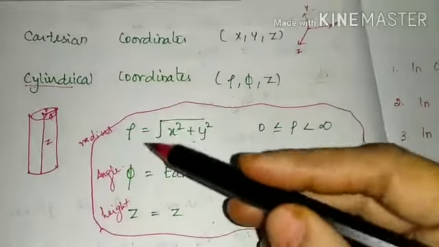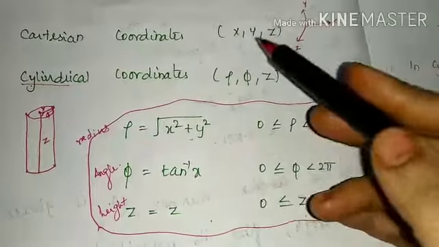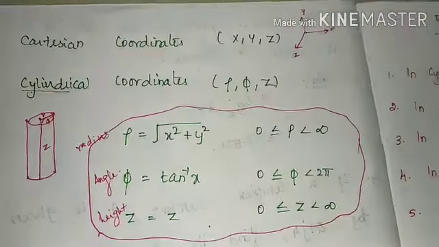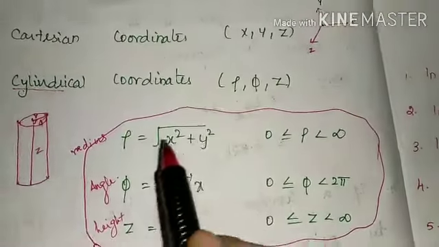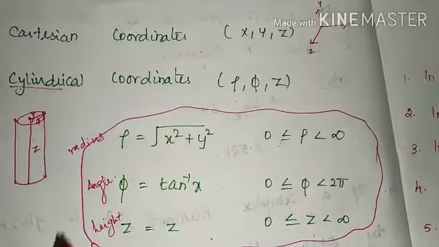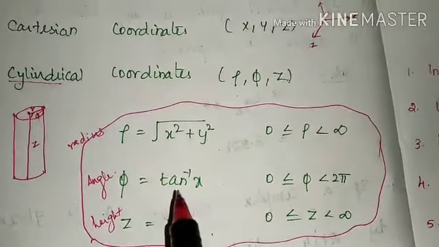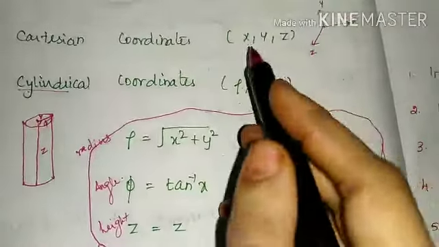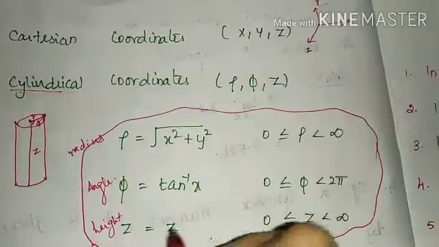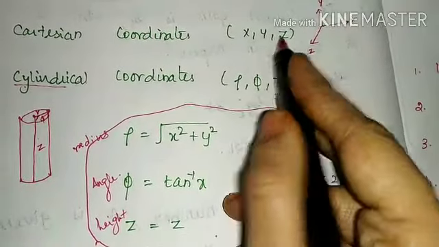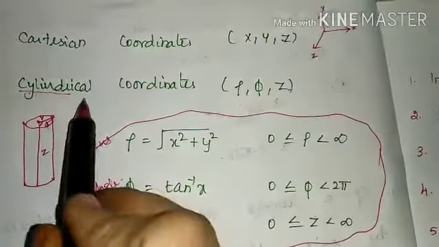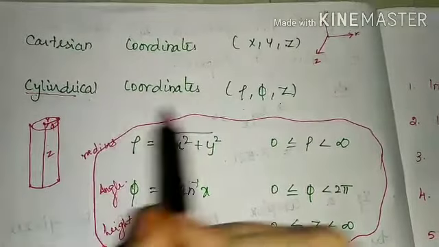These are the formulas to obtain the cylindrical coordinate system from a Cartesian coordinate system. So rho is equal to root of x squared plus y squared. Angle phi is equal to tan inverse of y by x. Then z is equal to z. So these are the relationship between the cylindrical coordinates and the Cartesian coordinate system.